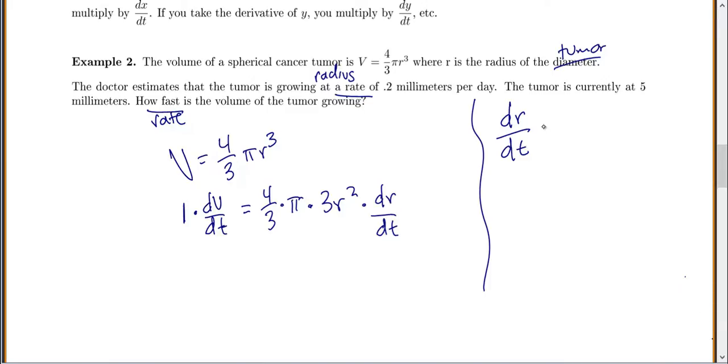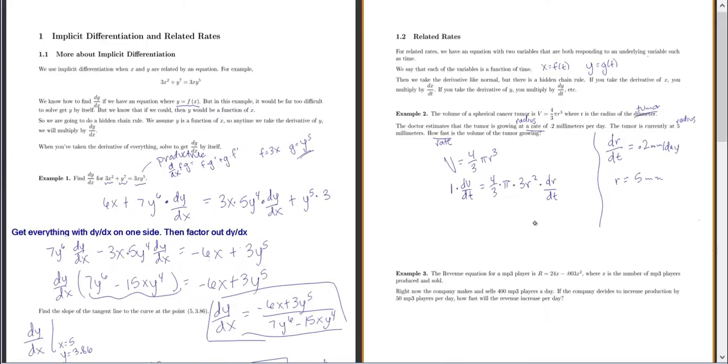So this is a dr/dt. How fast is the radius changing with respect to time? 0.2 millimeters per day. So that's the dr/dt. The tumor is currently at 5 millimeters. So the radius is 5 millimeters.